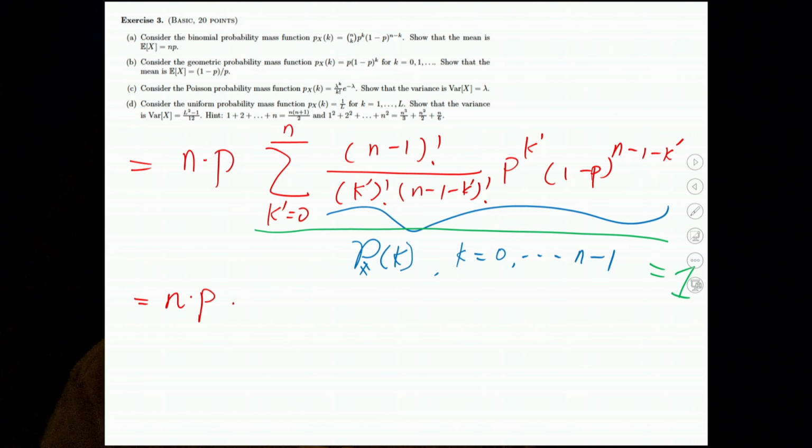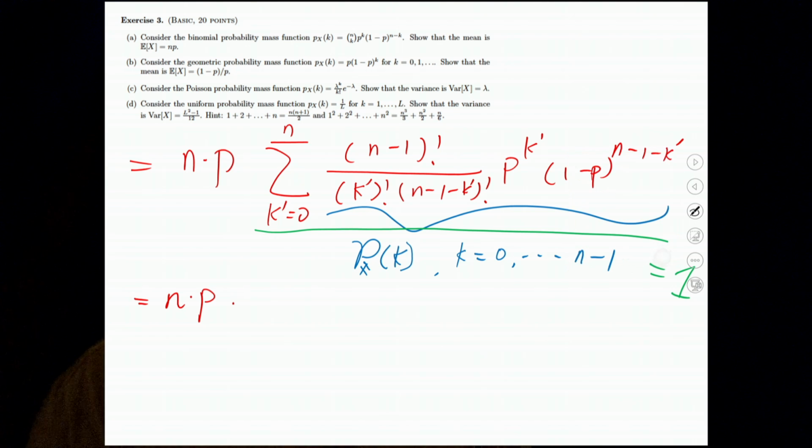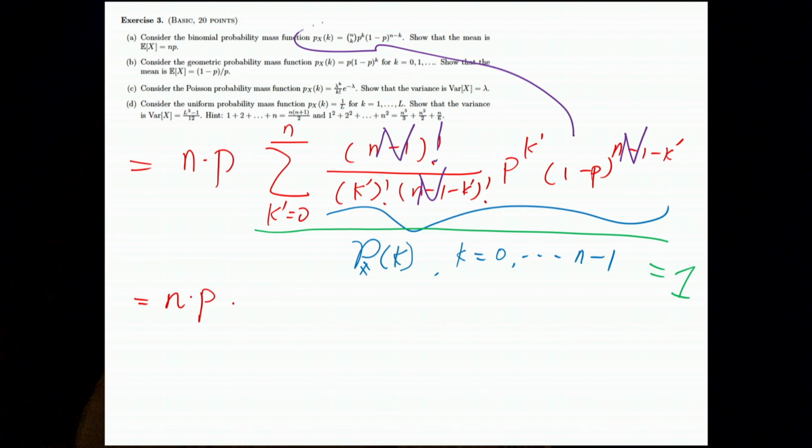If you don't know why this is still the PMF, we can think in this way. If I have n minus 1, it's like a big N, and here's n. So it's the same as this expression. Right?